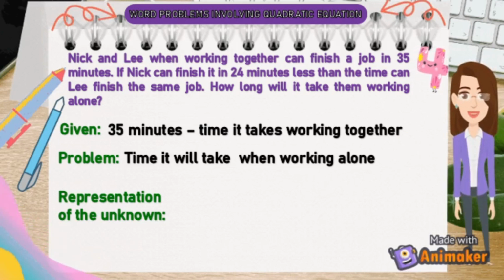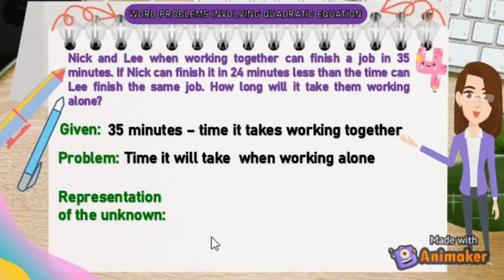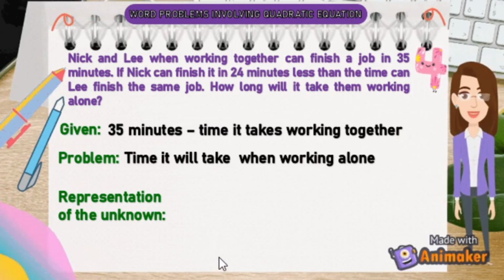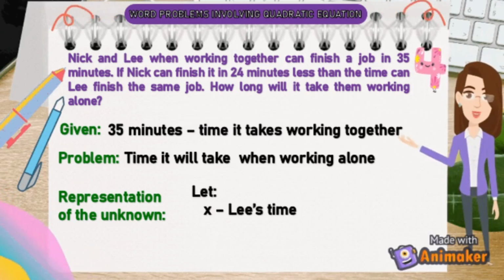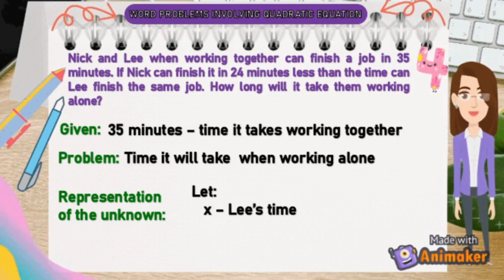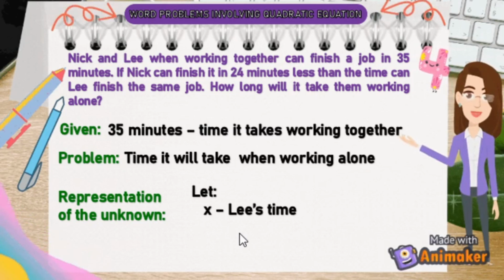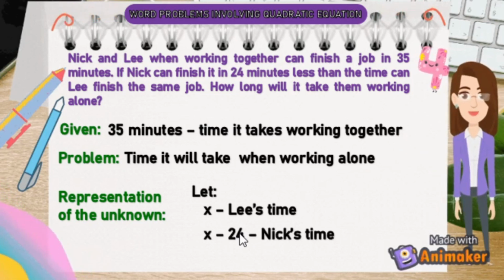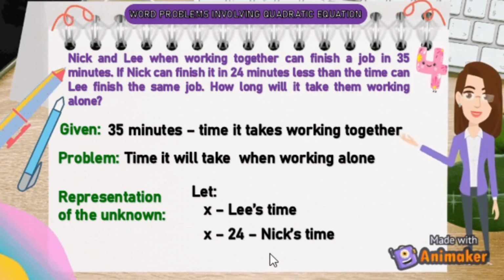So, since this is a work problem, we no longer need to draw our problem, but we have to represent the unknown variable. So, let's say x is Lee's time. This is Lee's time when he works alone. And x minus 24 is Nick's time.